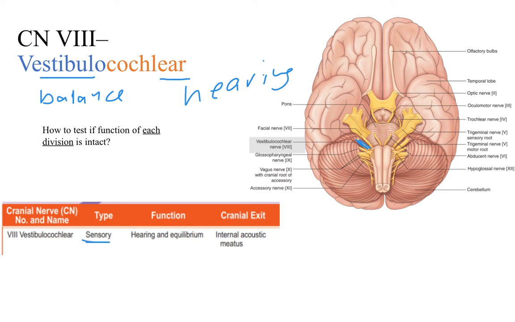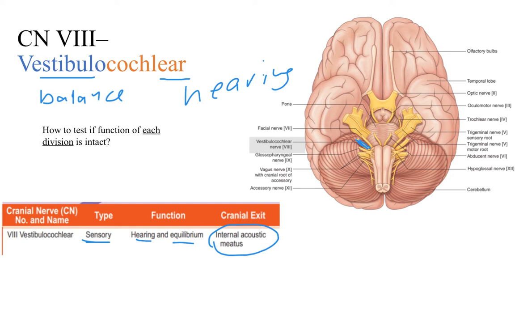All right, so it's strictly sensory, hearing and equilibrium, and the cranial exit is the internal acoustic meatus, and of course we know it goes into the internal acoustic meatus, but it is attached to the sensory organs that are within the bone of the petrous part of the temporal bone.